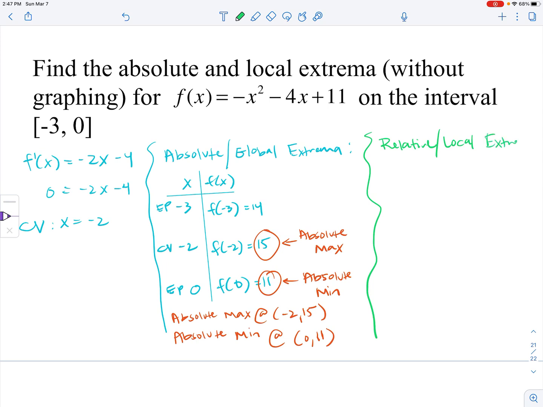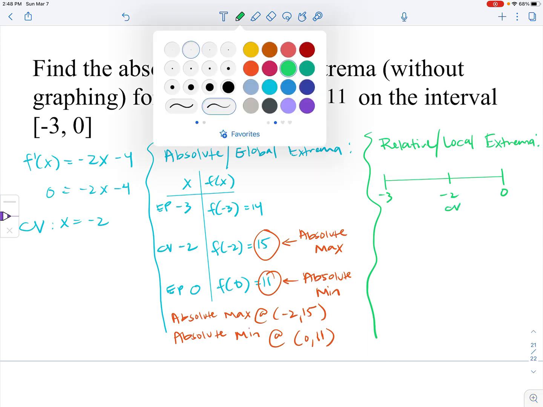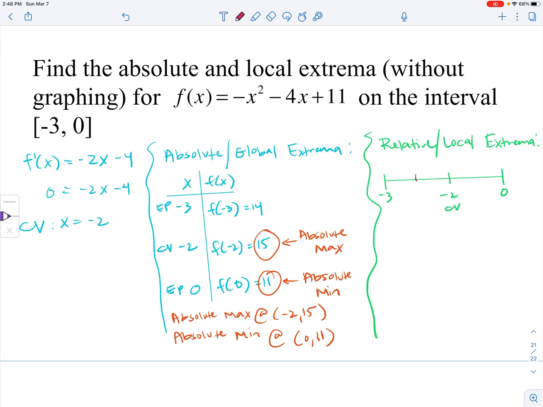And then for relative or local extrema, we'll do our analysis line, closed interval for the function, so I'll put those endpoints on the analysis line, and then -2 is our critical value. Using test values and plugging the test values into the derivative.